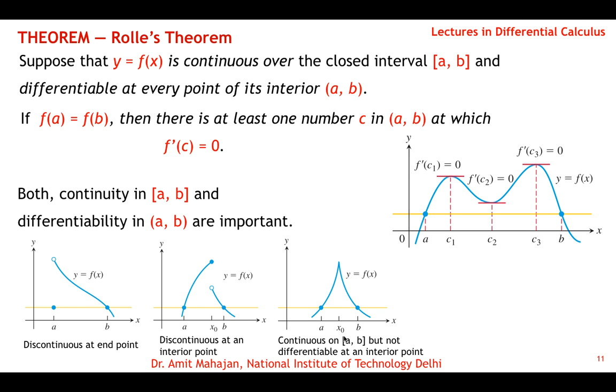So the function has to be continuous in the closed interval as well as differentiable in the interior of the interval (a, b). Both are important and necessary conditions. Now we will prove this theorem: if the function is continuous in the closed interval and differentiable in the open interval, and the function values at a and b are the same, then there is at least one point where the slope is horizontal.